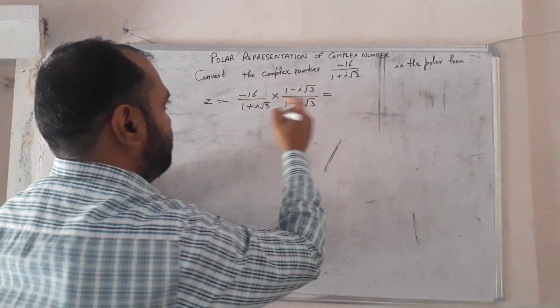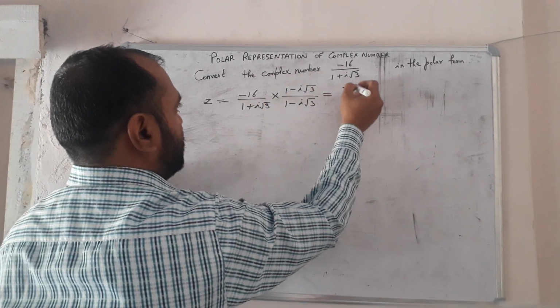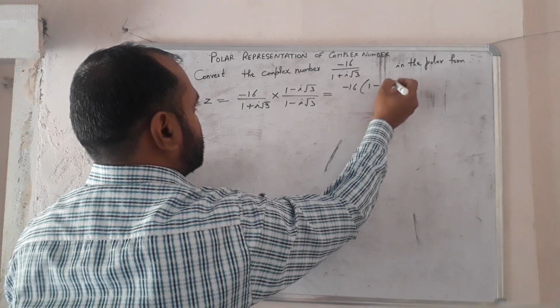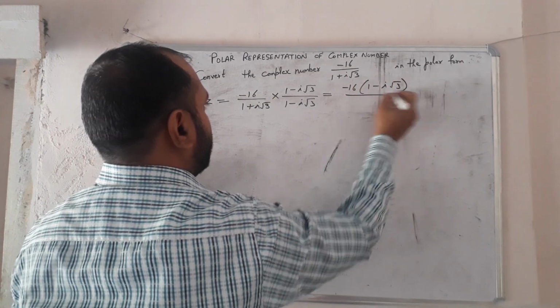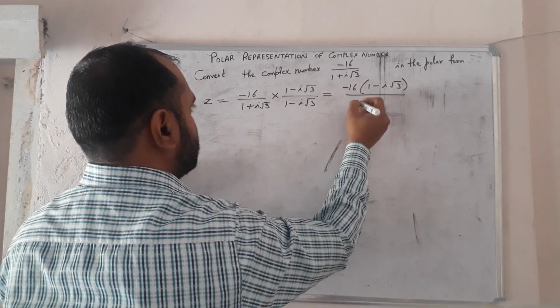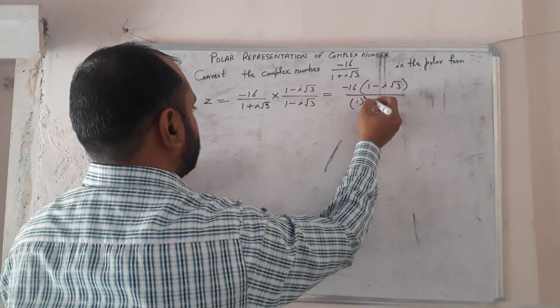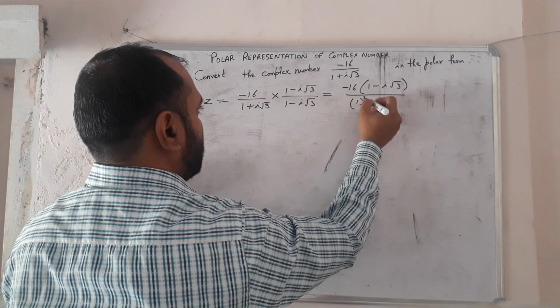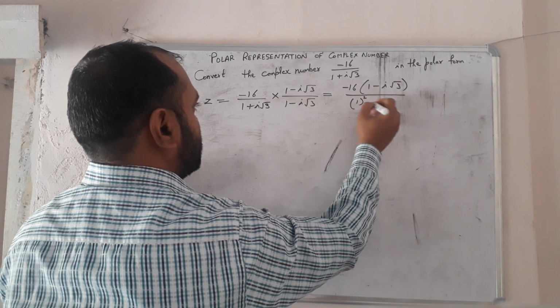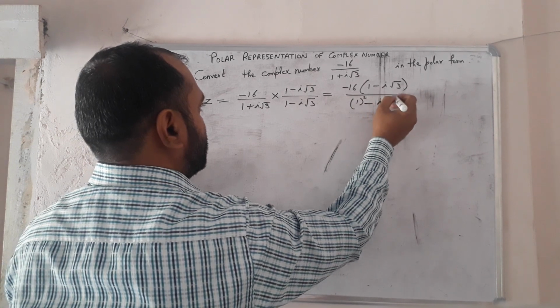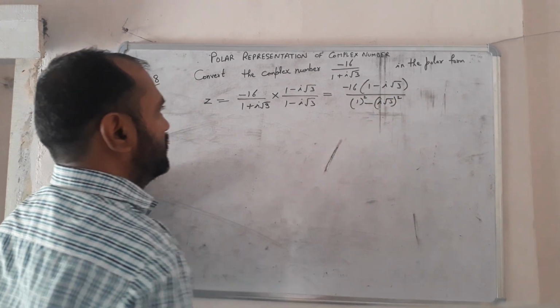So by simplifying it, we have minus 16 times 1 minus iota root 3 over 1 square plus minus iota root 3 square, right?